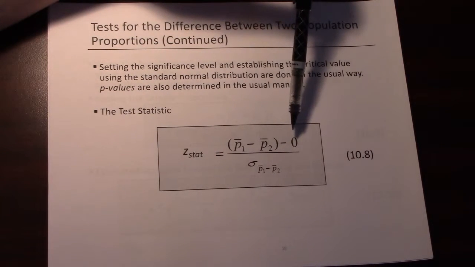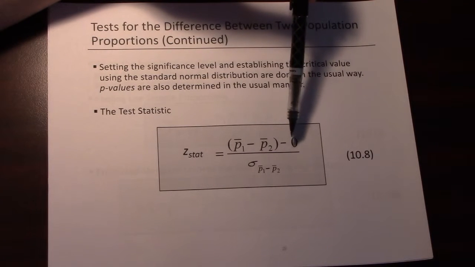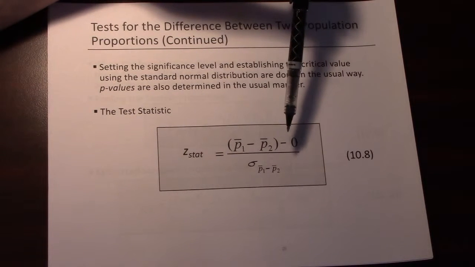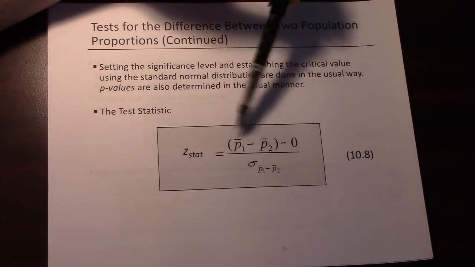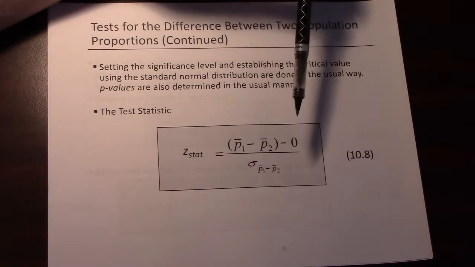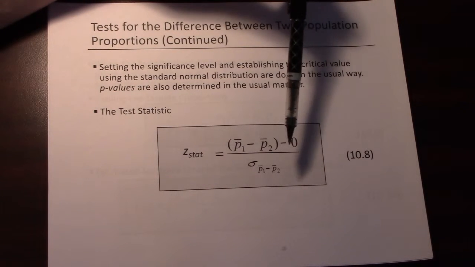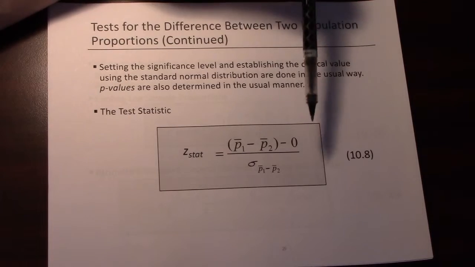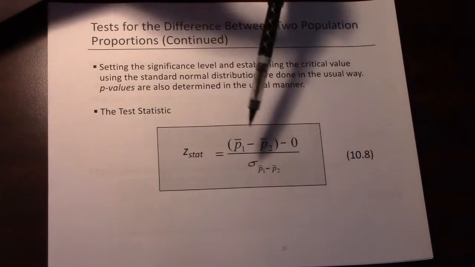Just as I mentioned in earlier examples, we could put something other than 0 in, and we could test. We could say, you know what, I think the difference is exactly 4%. And I'm going to test to see if that's true, in which case I would subtract off 4 and see how far off I am. But for now, we're just taking the difference, assuming no difference, so we're subtracting off 0. So sorry if that gets a little confusing.